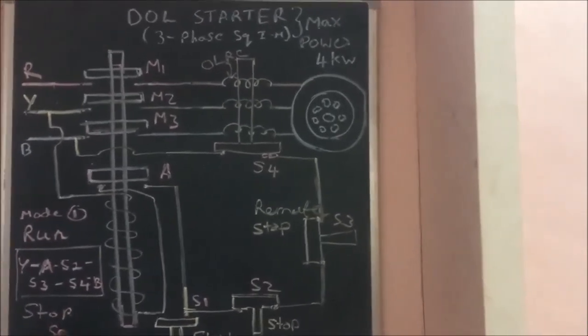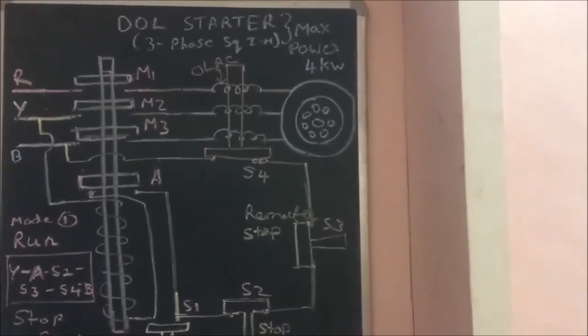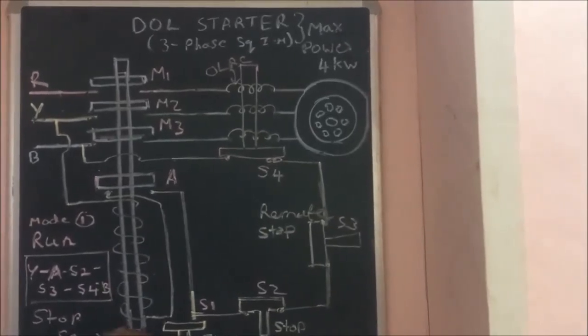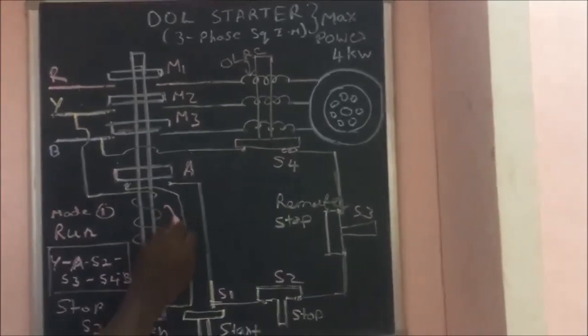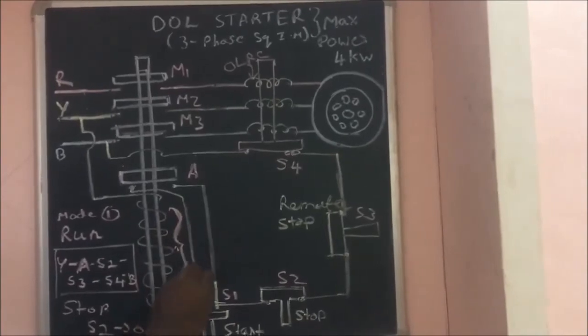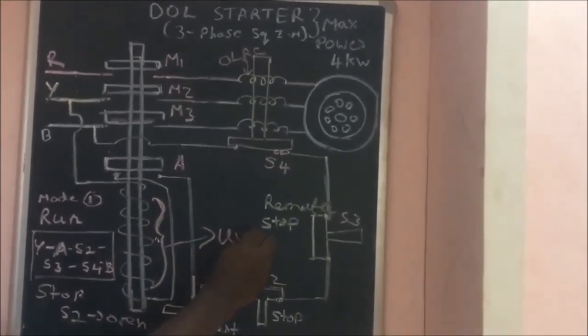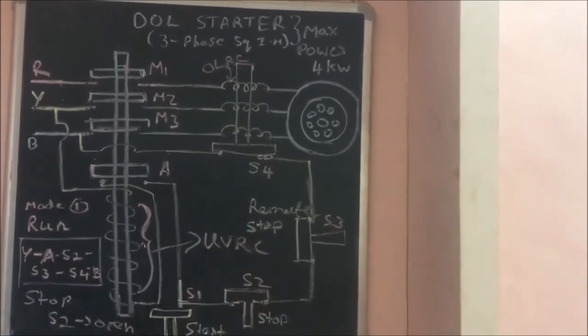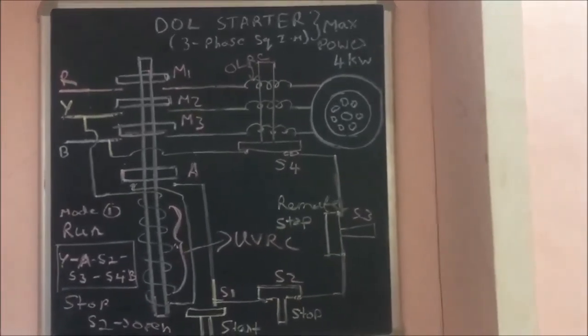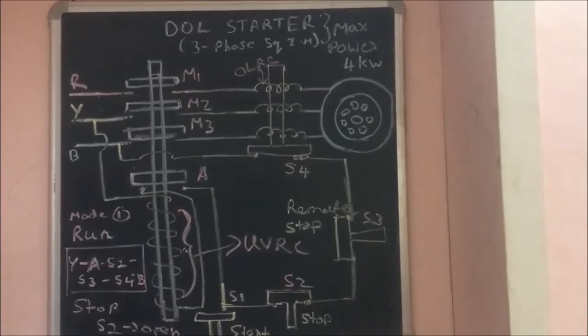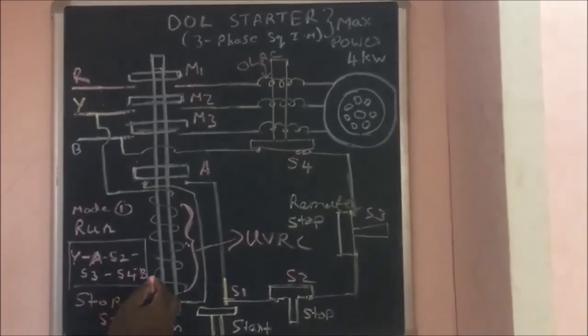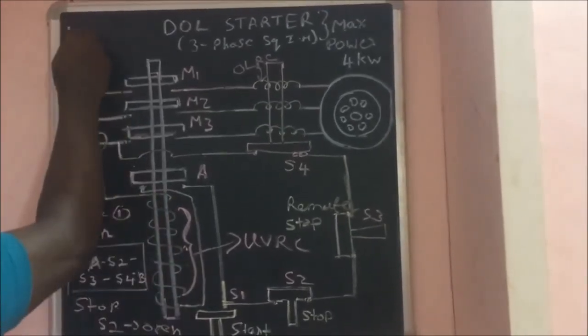Now the under voltage release coil becomes magnetized. When there is an iron rod near a magnet, what takes place? The iron rod is attracted. M1, M2, M3, A will be in touch. Now the current goes to the motor and the motor rotates.